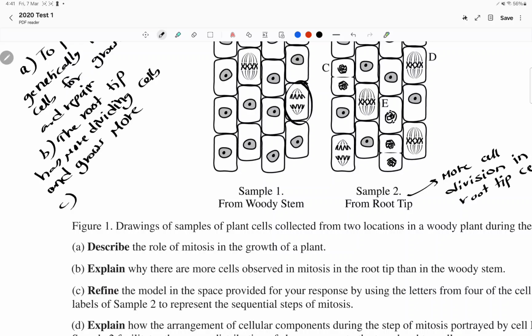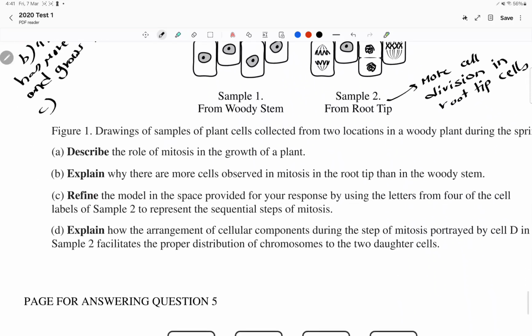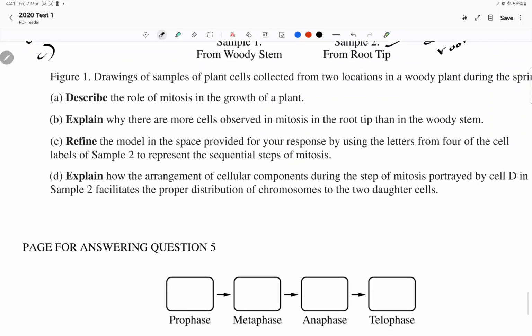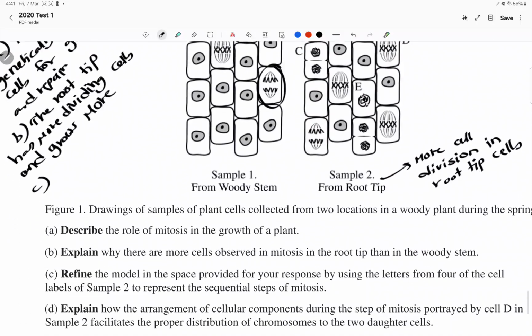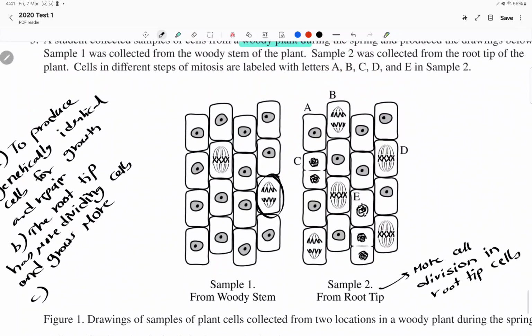Part C. Refine the model in the space provided for your response by using the letters from the 4 cell labels of sample 2 to represent the sequential steps of mitosis. Okay, which one is prophase? The first one. E, right?